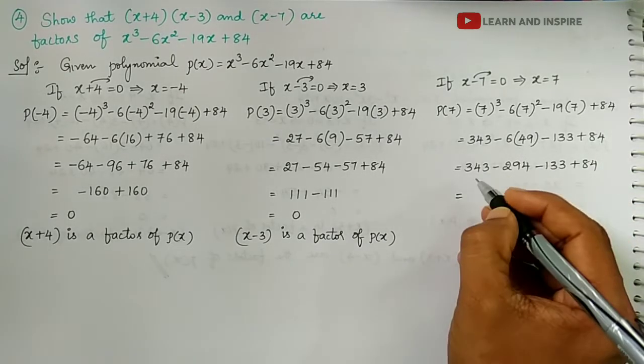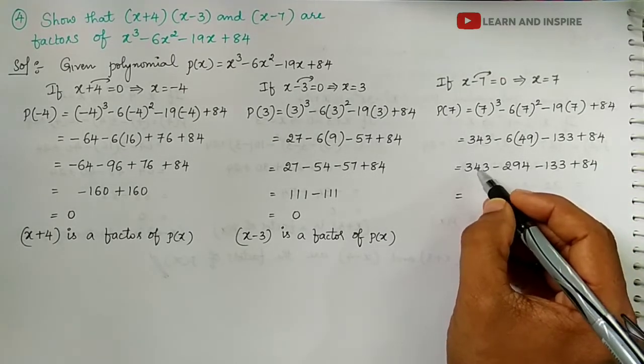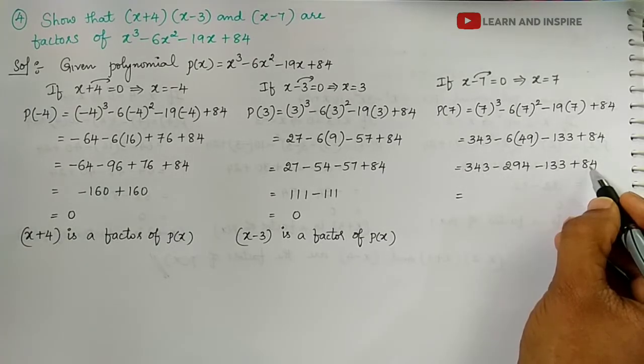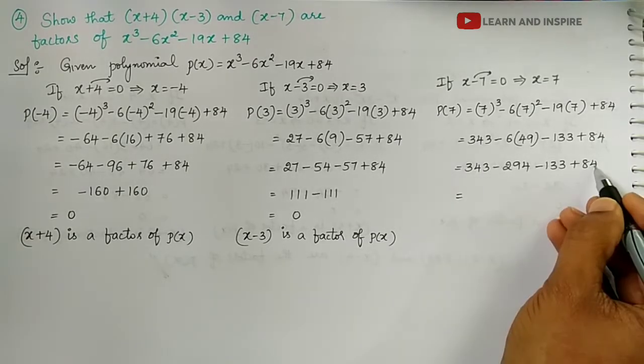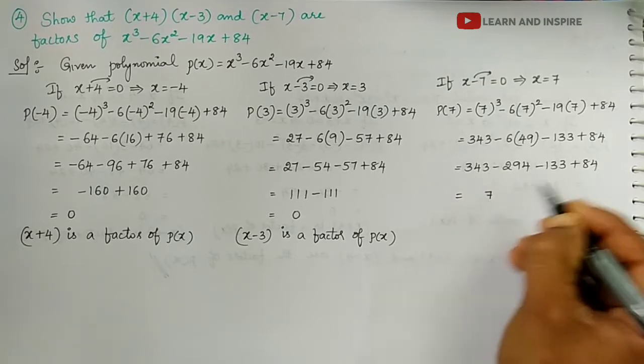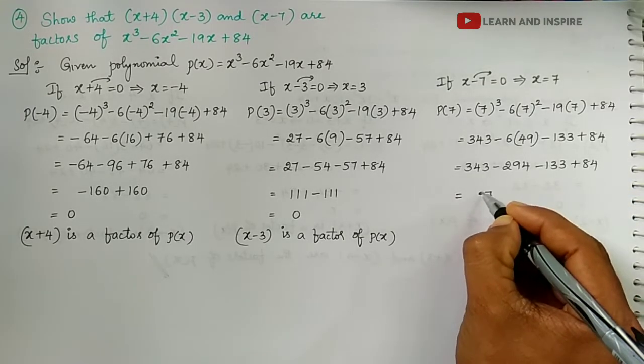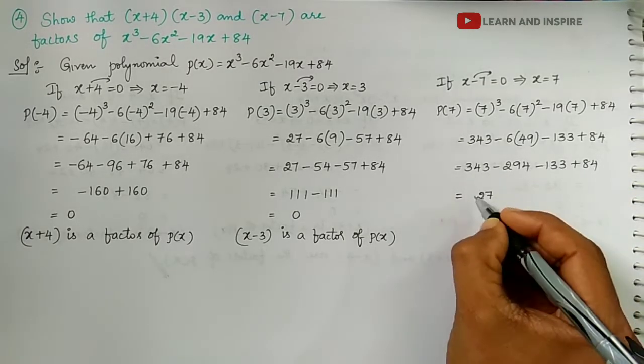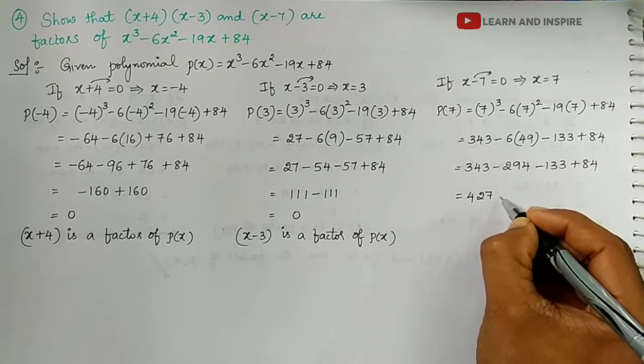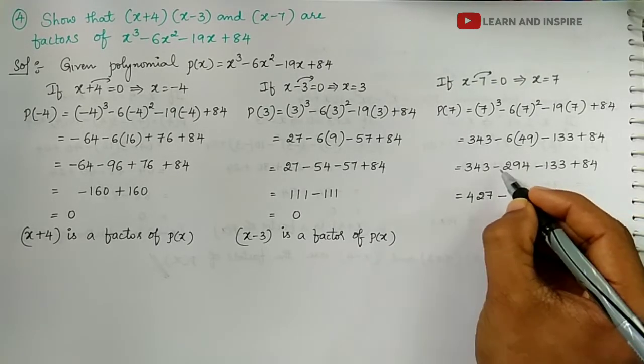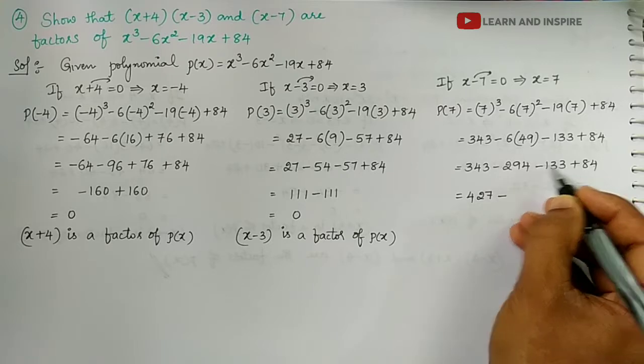Which is equal to, so first I add positive values 343 and 84. So add 343: 4 plus 3 is 7, 8 plus 4 is 12, 1 remains, 3 plus 1 is 4. Minus, now minus 294 minus 133.